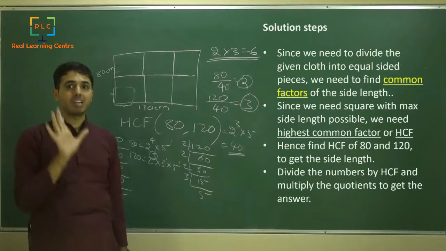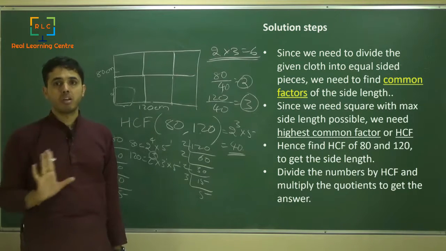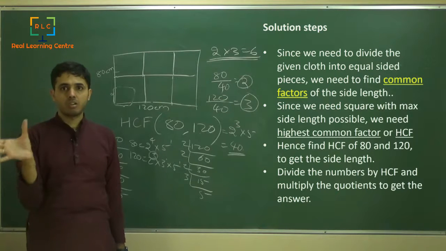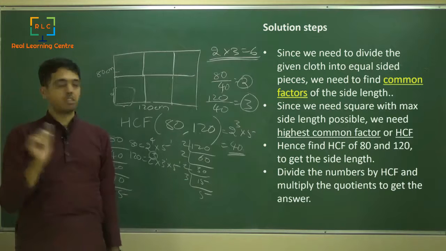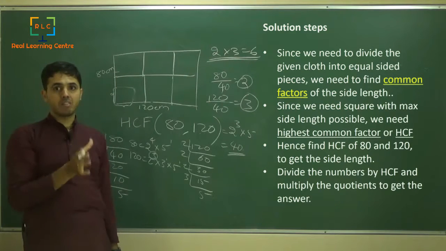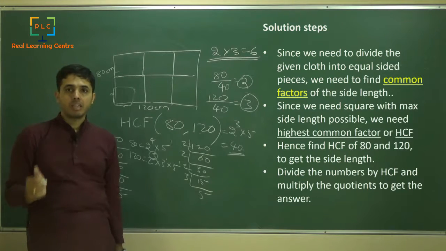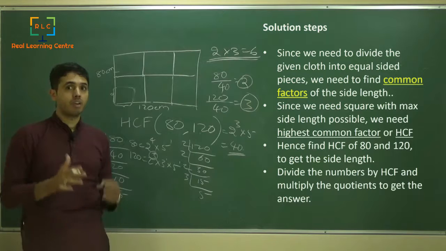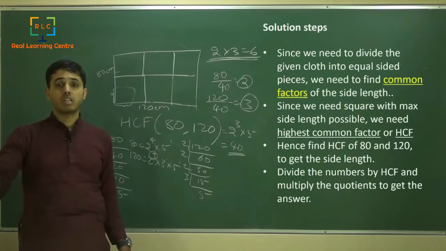Factor means you have to either divide it or cut it, and then you should have common, equal sized pieces. So here we have got a square. Square means both have equal sides, so hence it has to be a common factor. And then why highest? Because you need the largest possible size. So it is highest common factor.